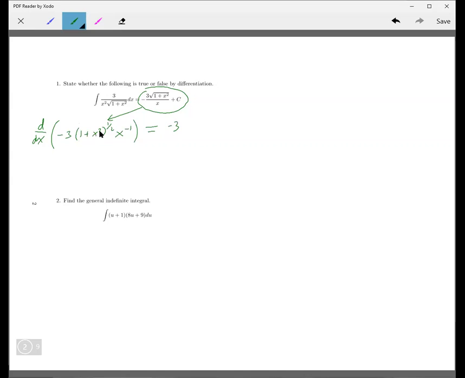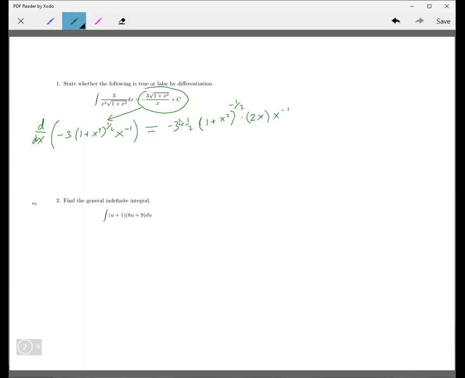So it's the derivative of the first part. You've got a 1/2 coming down, to the -1/2, so you reduce the power by 1. Then you multiply by the derivative inside, which is 2x. And then you have this piece here, x to the -1.